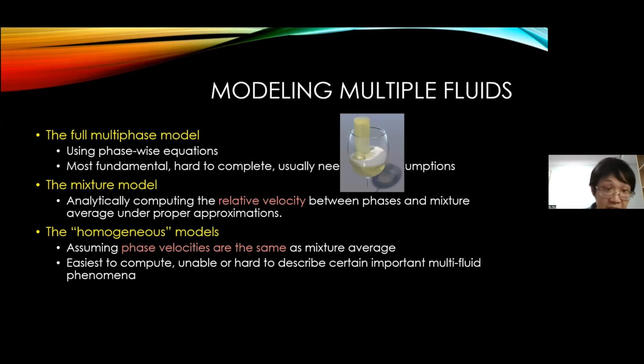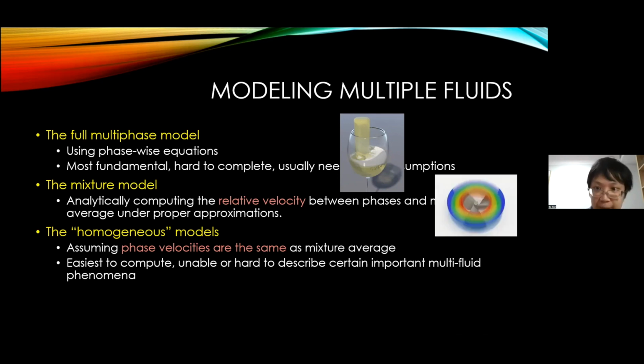With some simplification, you can have the so-called mixture model, and this mixture model has the feature that it can analytically compute the relative velocity between these phases, and the mixture values will be computed from this relative velocity directly, and have some miscible flow effect.